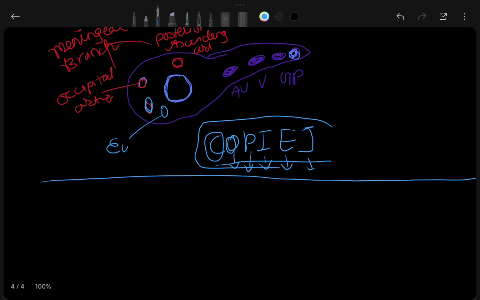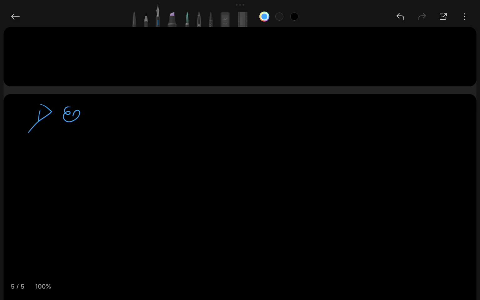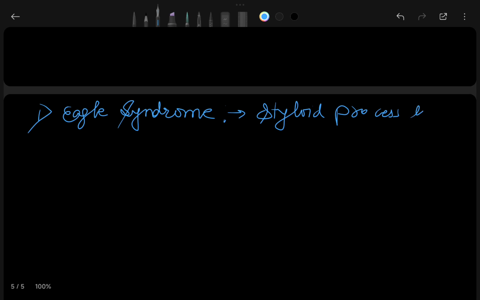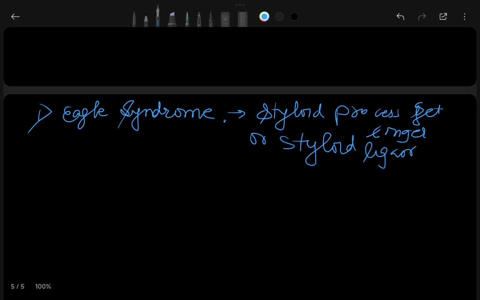Then let's go through another part of this nerve, that is clinical correlation. The very first one is Eagle syndrome. In this case, the styloid process gets longer, or the styloid ligament gets calcified, and compresses cranial nerve 9.